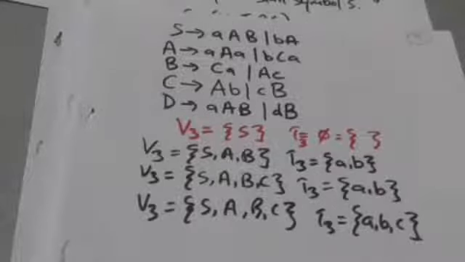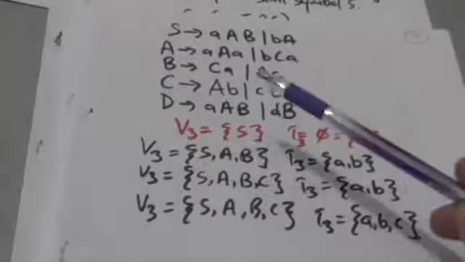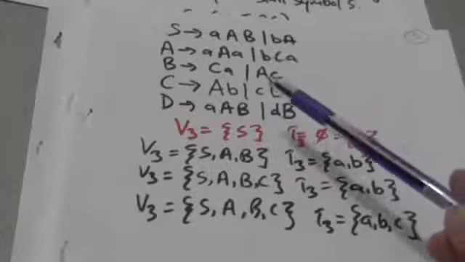Now first of all we will make two sets, V3 and T3. T3 is an empty set and V3 contains start symbol S.